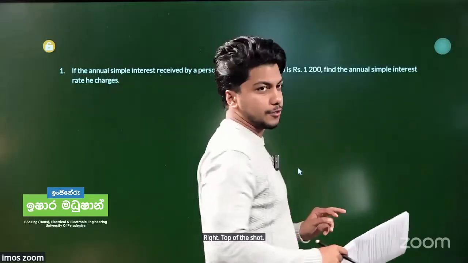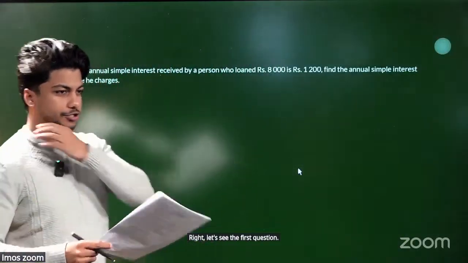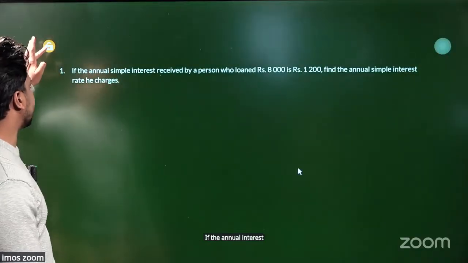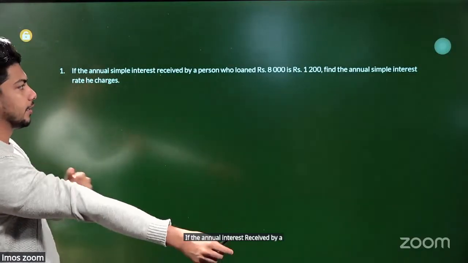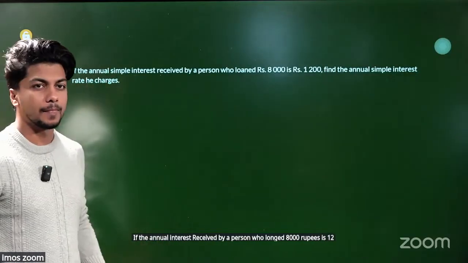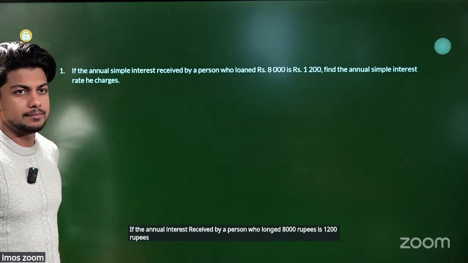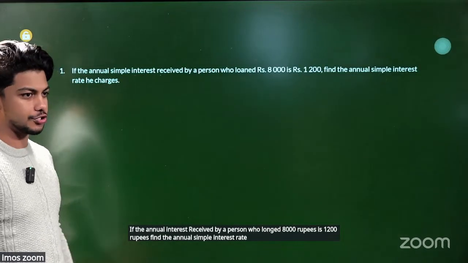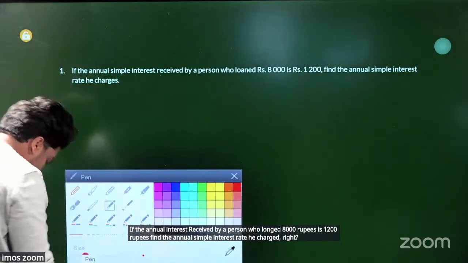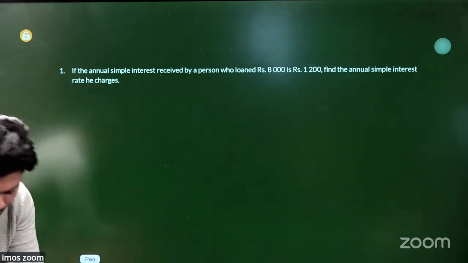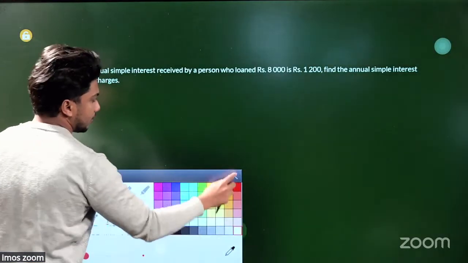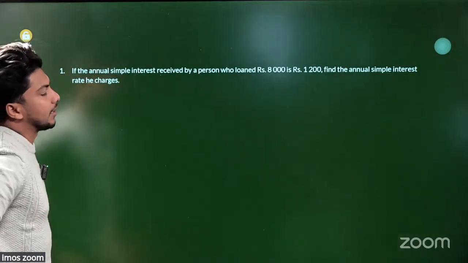Right. Let's see the first question. If the annual interest received by a person who loaned 8,000 rupees is 1,200 rupees, find the annual simple interest rate he charged. So what is the loan amount?